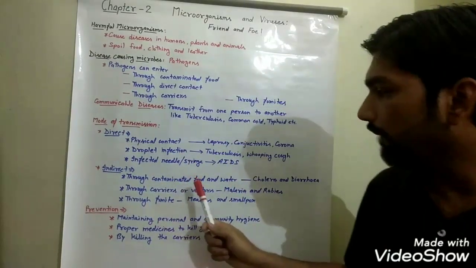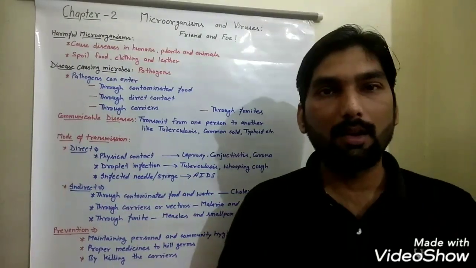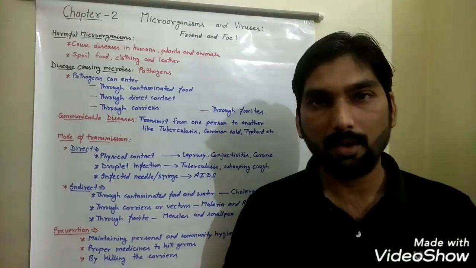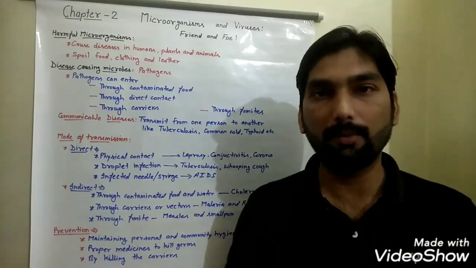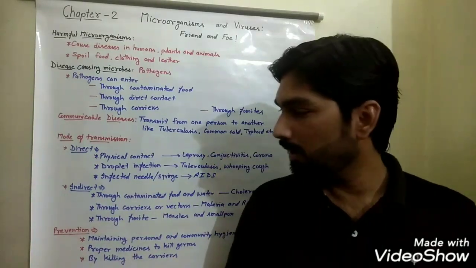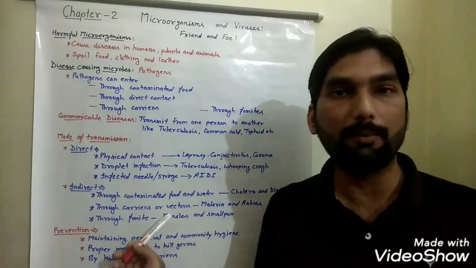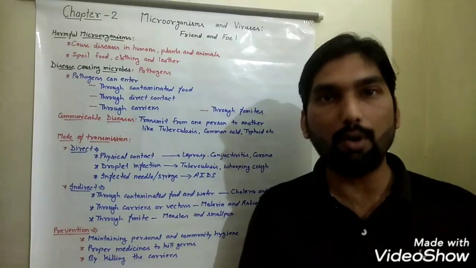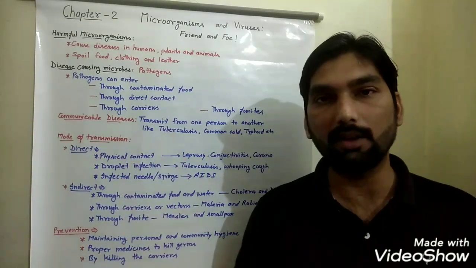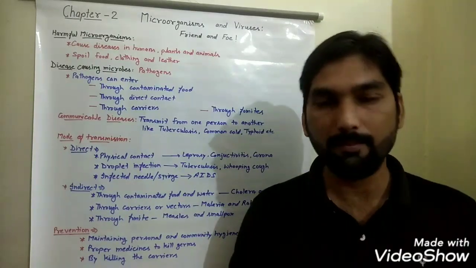So the next method is through carriers or vectors. A number of small organisms present in our surroundings help in the transfer of these microbes from an infected person to a healthy person. These organisms are known as carriers or vectors. The most common example of a carrier for these communicable diseases in human beings is the common house fly.